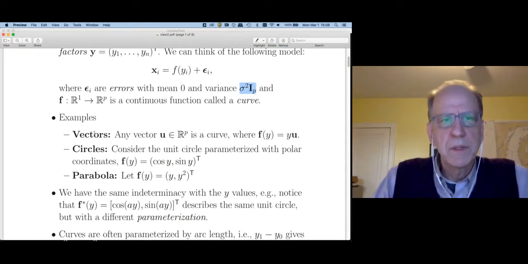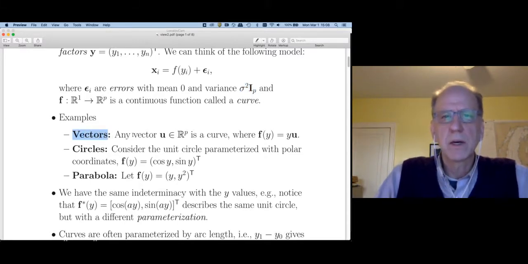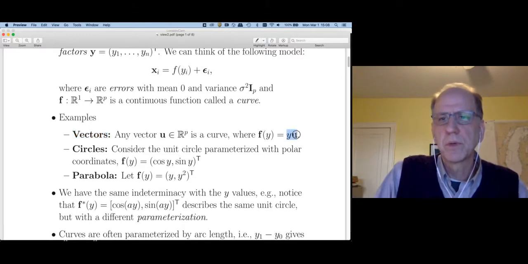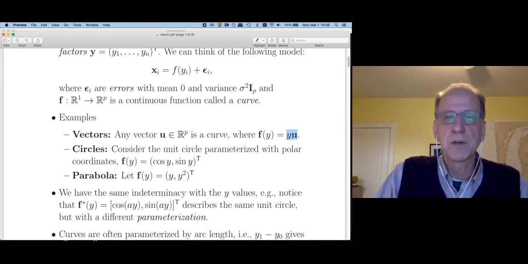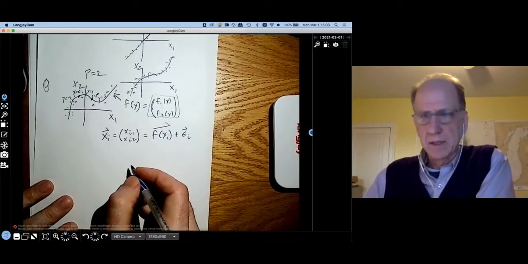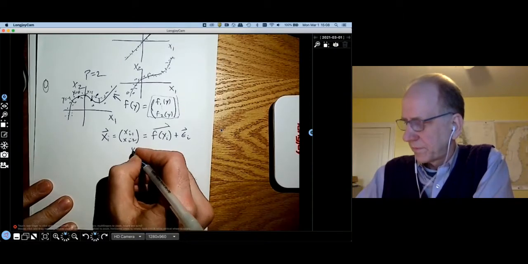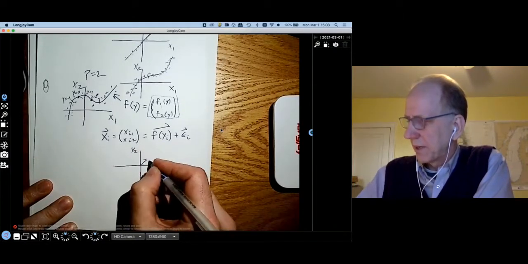What you're going to see is that principal components analysis is a special case of this if we constrain our curve to be a linear function. So this is the notation that we were using in principal components analysis. I have some vector u, and I'm going to take some number of steps y in that direction. So if we come back to this, perhaps this is my u vector.